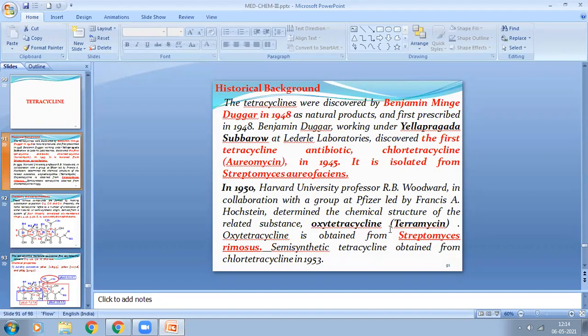Subsequently, in 1950, scientist R.B. Woodward discovered the second tetracycline, oxytetracycline, which is obtained from Streptomyces rimosus. Later on, in 1953, the congeneric derivatives or semi-synthetic tetracyclines were discovered from chlortetracycline. So this is the brief historical background of the tetracycline.